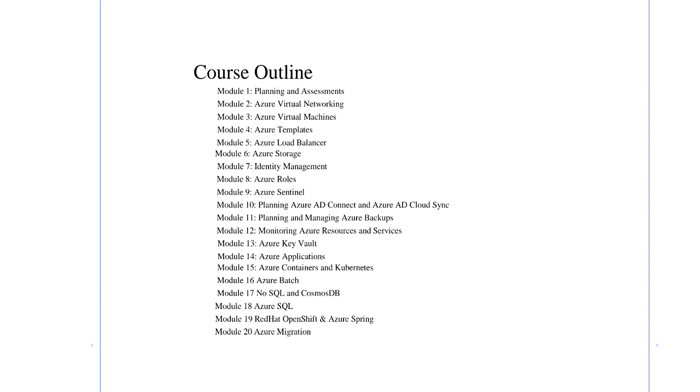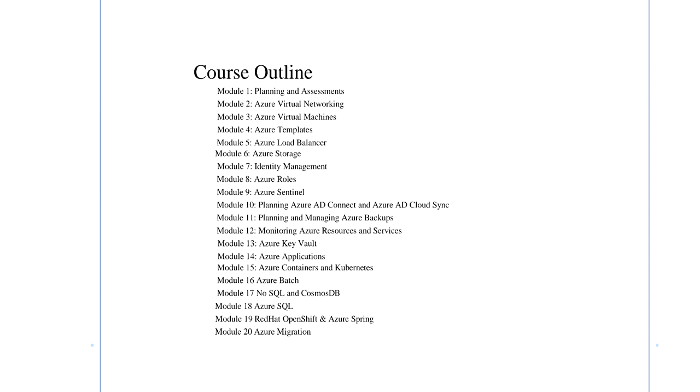Module 6 is Azure Storage. 7, Identity Management, Azure Wall. 8, Azure Sentinel. 9, Planning Azure AD Connect and Azure AD Cloud Sec. 10, Planning and Managing Azure Backups, Monitoring Azure Resources and Services, Azure Key Vault, Azure Applications, Azure Containers and Kubernetes, AKS, Azure Batch, and NoSQL and Cosmos DB.